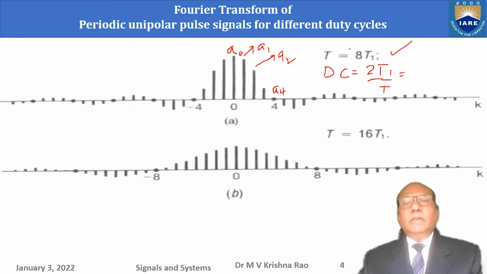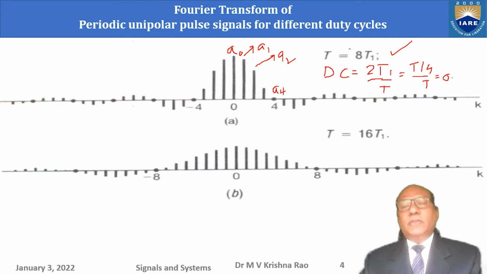So 2t1 by T means T by 4 divided by T. So it means I have a 25% duty cycle.